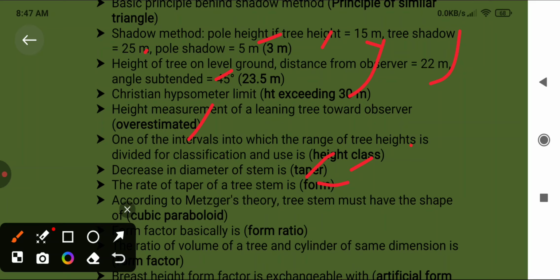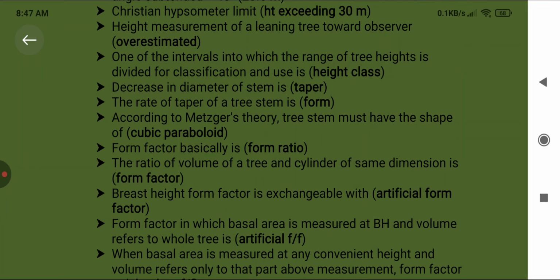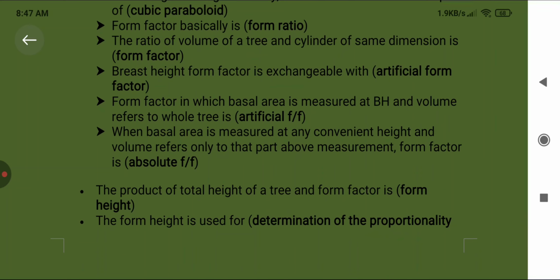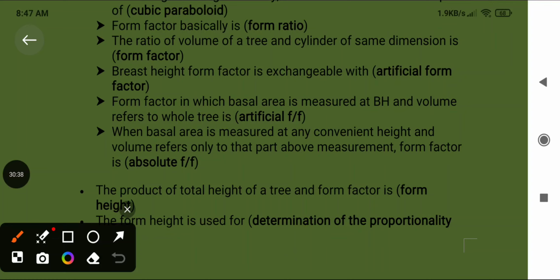According to Metzger's theory, the stems must have the same cubic paraboloid, and form factor is basically the form ratio. The ratio of volume of a tree to a cylinder of the same diameter is form factor.